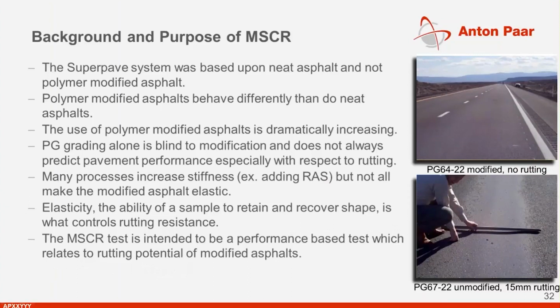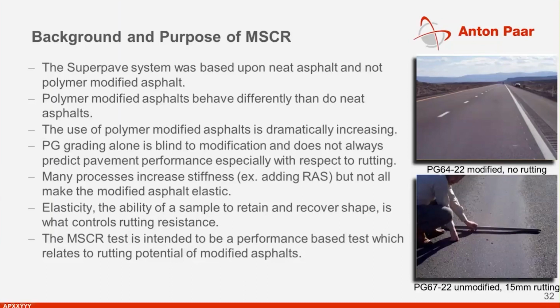Since the SuperPave system was based on unmodified binders, and the usage of modified binders increased a lot during the last years, a new method for polymer modified material was necessary because these two sorts of material are behaving differently. Furthermore, the PG grading is blind to modification and is not correlating with the rutting behavior of asphalt binders.